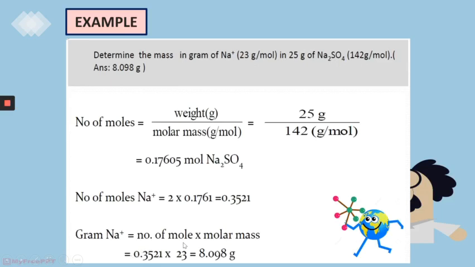So number of mole times molar mass: 0.3521 mole times 23 gram per mole. Okay, unit for molar mass is gram per mole. So from here you can cancel out the mole from this mole and from this 23 gram per mole. So you will get the answer in gram.